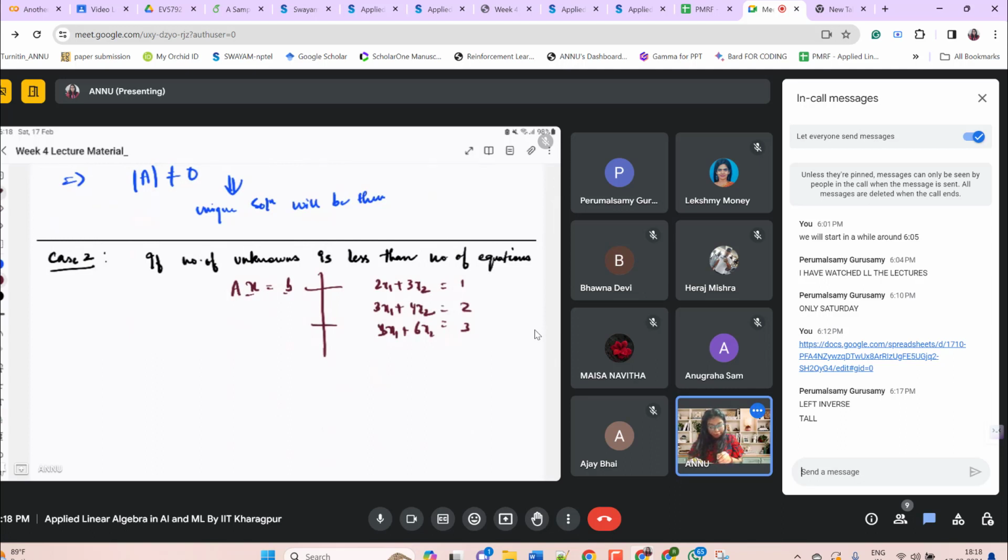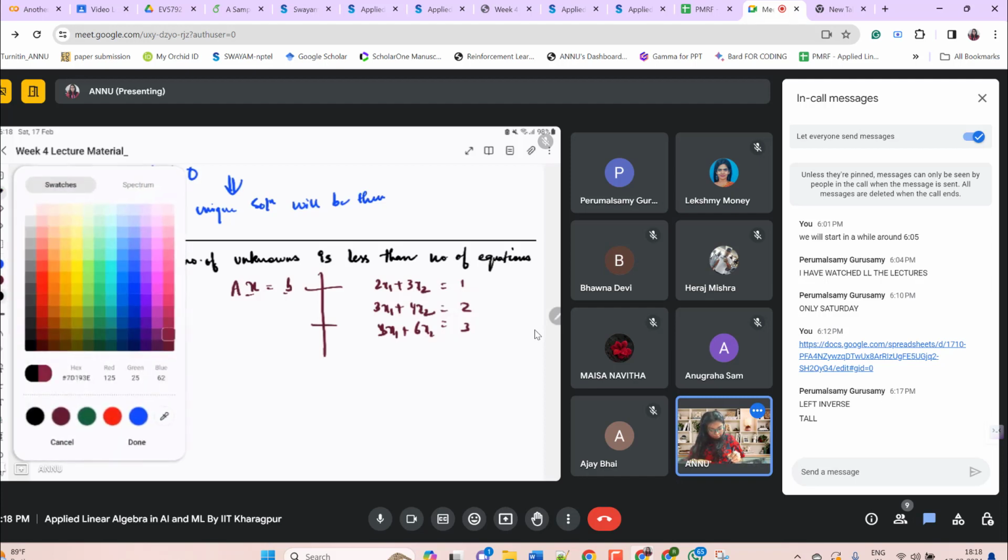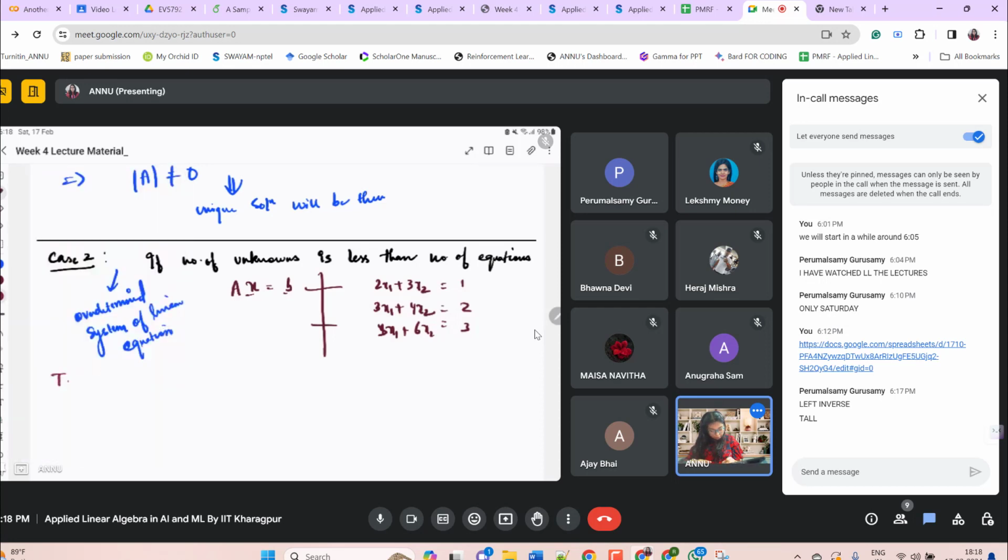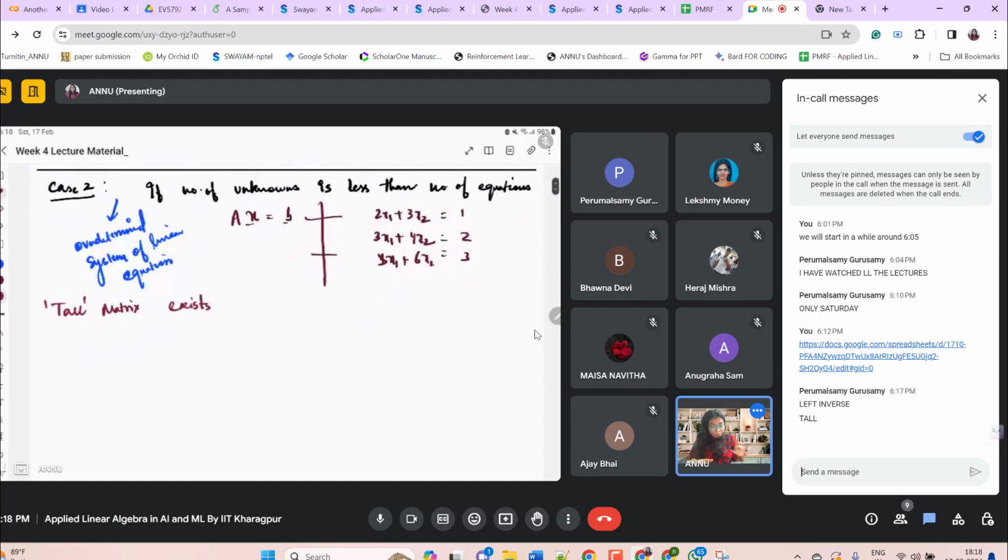This type of system of equations is also called an overdetermined system of linear equations. And in this type, a tall matrix exists.